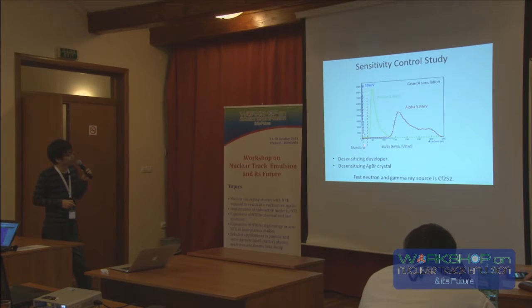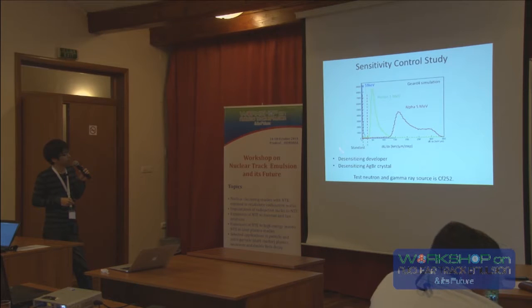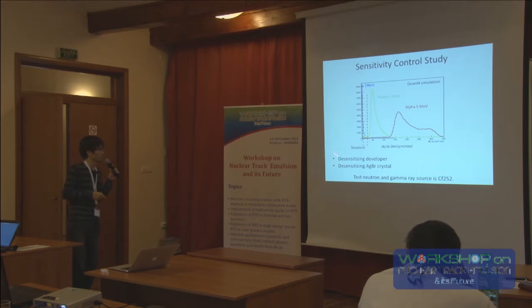This figure shows the energy deposition, the DDX distribution, of each particle. The blue line shows gamma rays, the green line protons, and the red line alpha particles. Our standard sensitivity threshold is this line, but this is too high a sensitivity for plasma diagnostics.